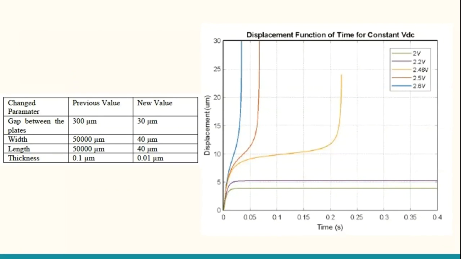Now we can see the displacement graph for different voltages for our scaled system, where the width and length are scaled by a factor of 10 to the 3 and the thickness and gap between plates are scaled by a factor of 10. As can be seen from the graph, the pull-in voltage is decreased to 2.46 and the displacement is 5 times smaller than before the scaling.